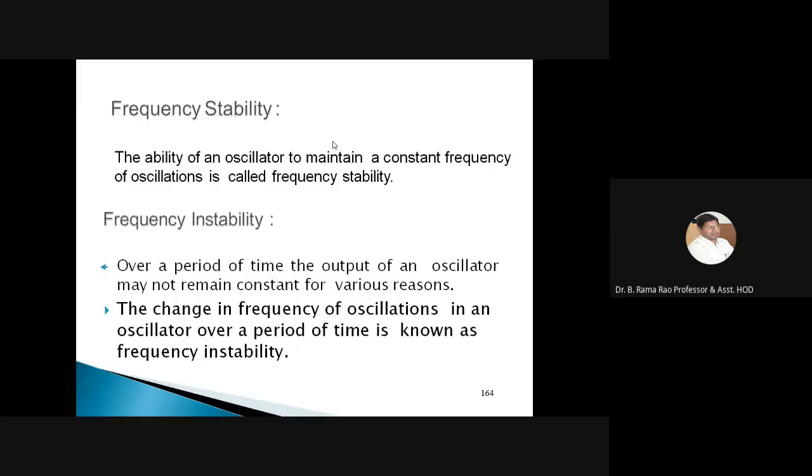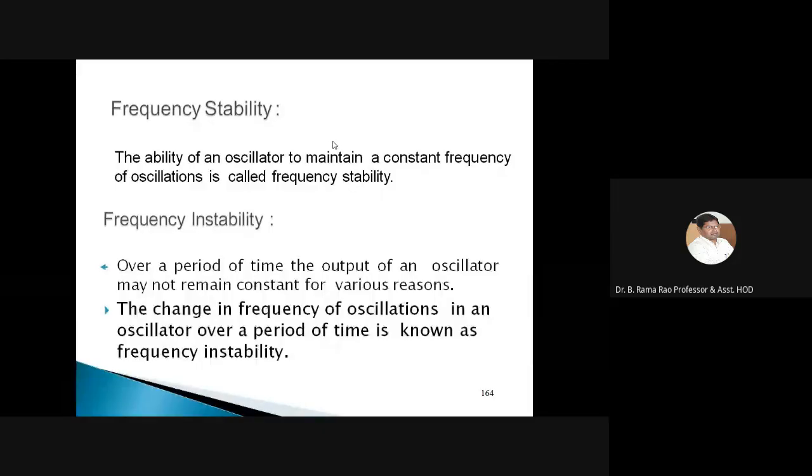How much it is able to depends on the ability of that circuit or oscillator. If the designed circuit is able to maintain a constant frequency of oscillations, then we can achieve frequency stability.